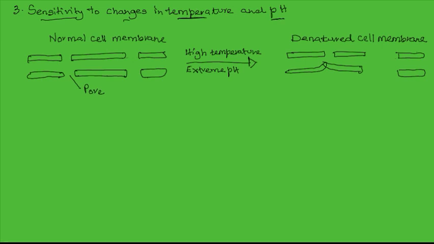Any change in the temperature and the pH will change the nature and thereby deform these proteins. High temperatures and extreme pH will denature the structure of the protein and therefore the membrane, resulting in loss of normal functions.